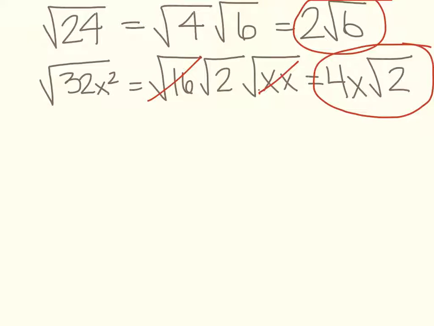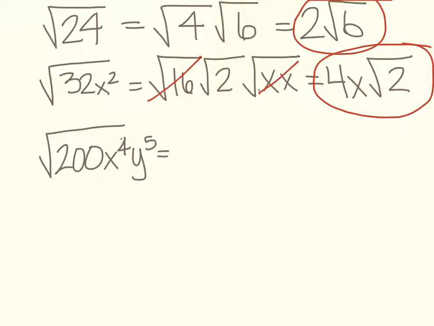Let's try one more square root. How about the square root of 200x to the 4th, y to the 5th.